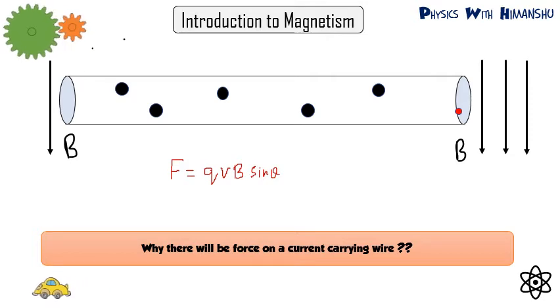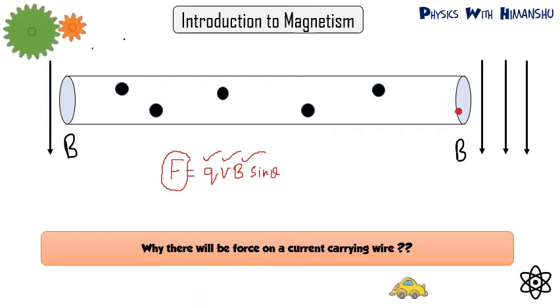Now we have an electron, which means it will have charge. It is moving, which means it will have velocity, and there is a magnetic field B. So definitely there will be a force on all these electrons, and these electrons are bound in a wire. So basically there will be a force on the wire. The force will also depend on theta. How it will depend, we'll discuss in another slide.